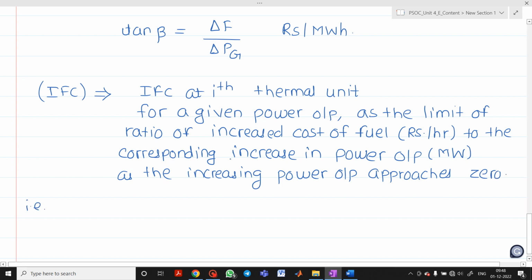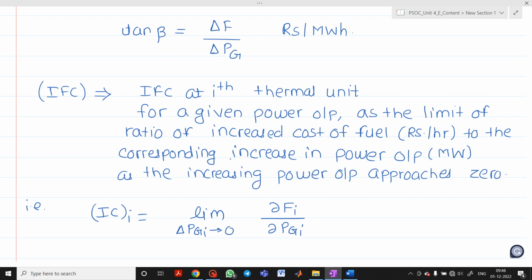Now how can I write? What is the meaning of this? Let me tell you. IC of i, or incremental fuel cost of i, will be equal to the limit of, here we have written, limit of what? Change in the fuel cost corresponding to increase in the power. So delta PGi, and here we can write delta PGi tends to 0.